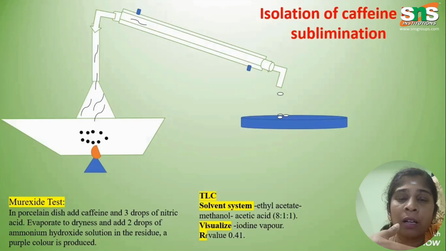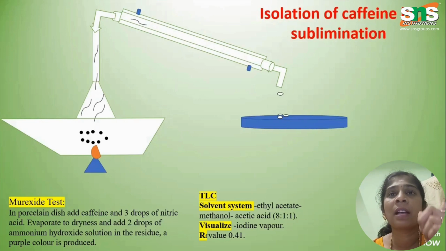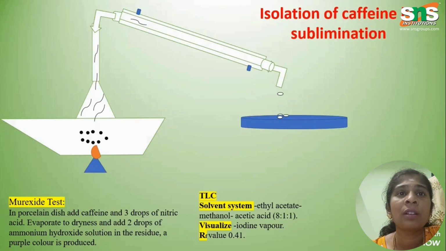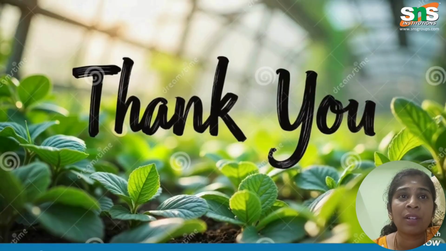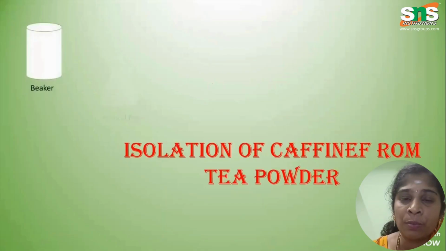It acts on the central nervous system as a stimulant, increasing alertness, concentration, and mental activity. It is used for the treatment of headache and migraine, as a respiratory stimulant, cardiac stimulant, for diuretic action, and as a pharmaceutical additive.